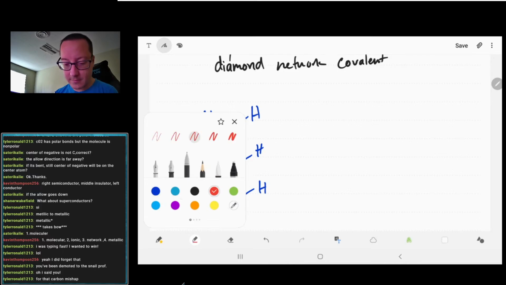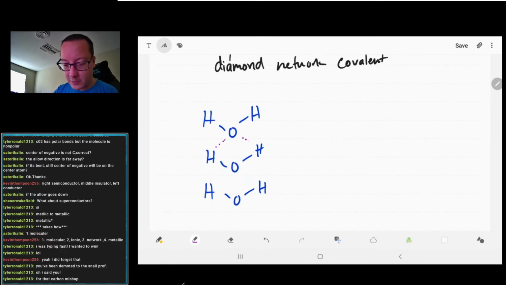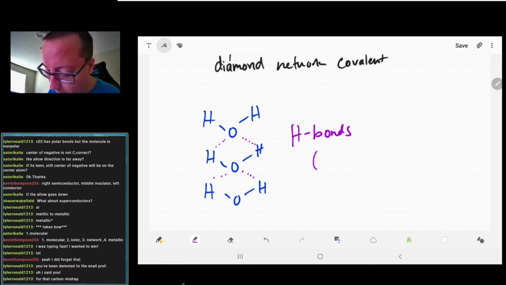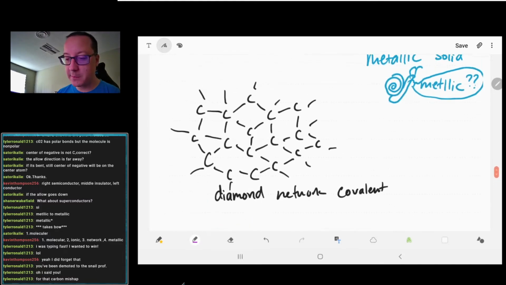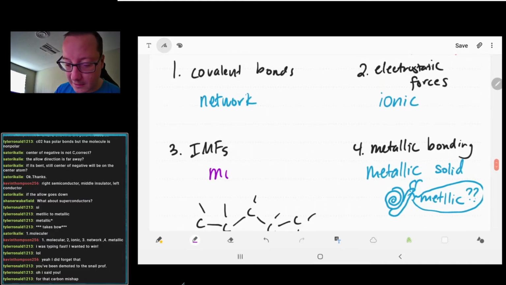And so that's what's going to be holding these together, in this case, the hydrogen bonds between them. That's going to hold these things in place, and they're not going to be able to float around each other at low energies. So, below 0 degrees Celsius, our water molecules will be locked into these sort of crystals in the solid form, held together by their hydrogen bonds. And remember that hydrogen bonds are, of course, intermolecular forces. And that's what's going to be holding those together. So that is going to be a molecular solid.